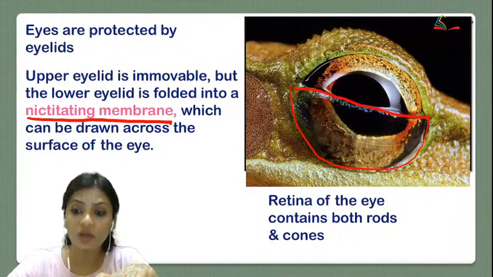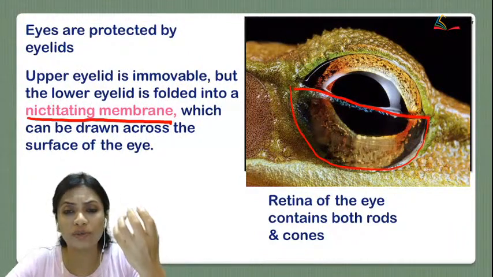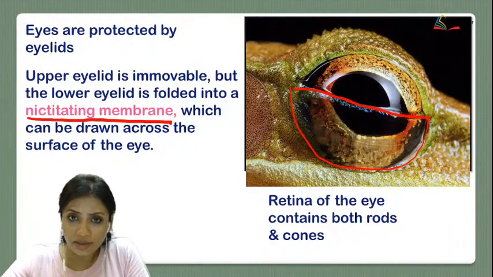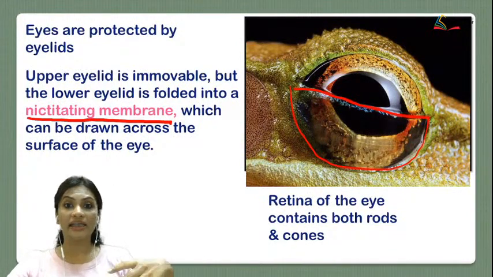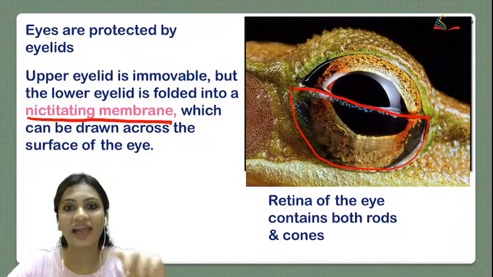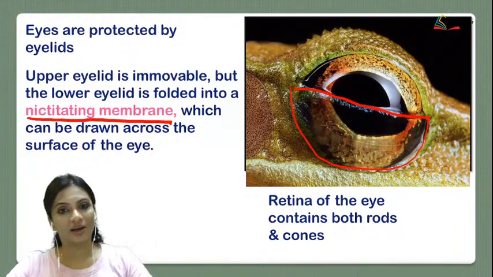Also, if I am saying that the eyes are very well developed, then naturally there are special cells there which allow the frog to perceive different colors. So it is able to see all the colors in bright light, and even during dim light they have special cells which allow them to see.